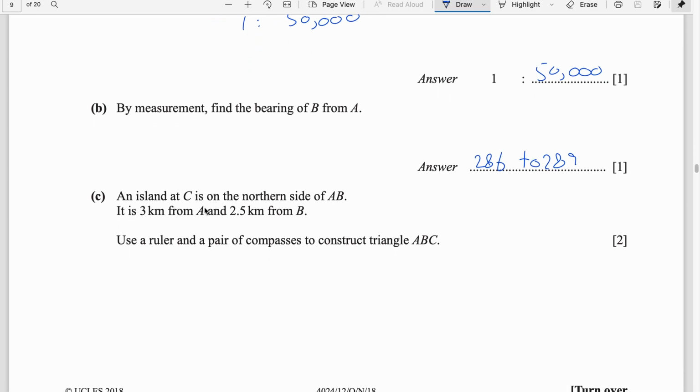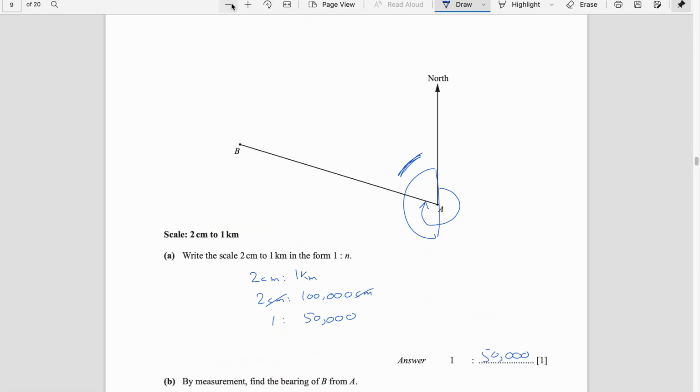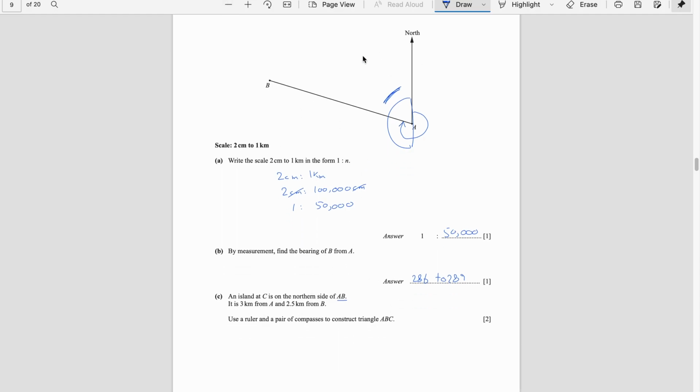An island at C is on the north side of AB. So let me zoom out. If it is on north side of AB, this should lie somewhere here above this line, and it is 3 kilometers from A and 2.5 kilometers from B.